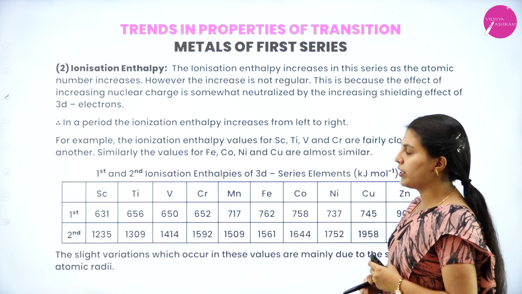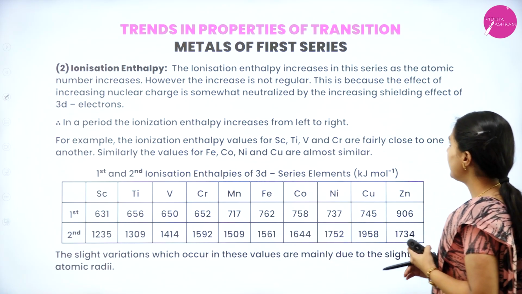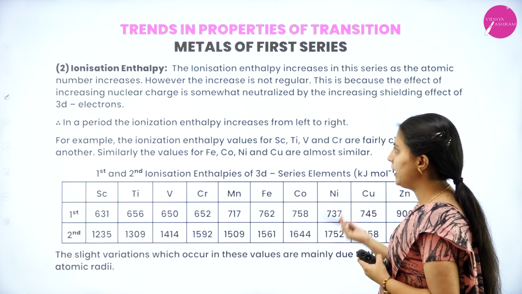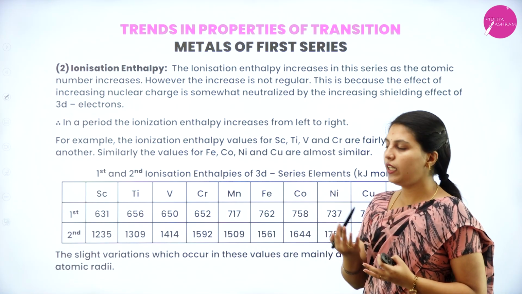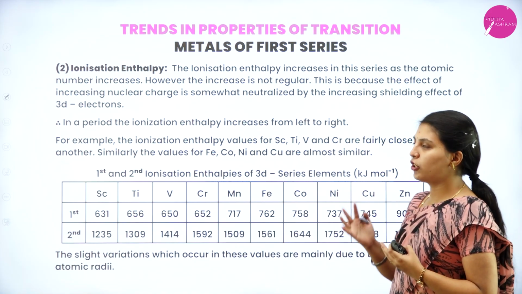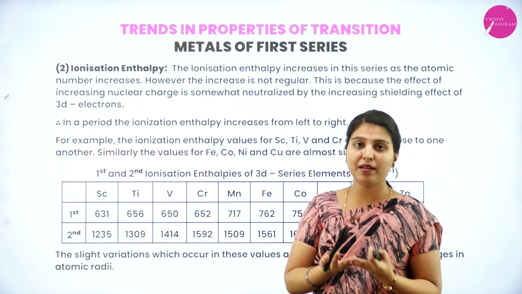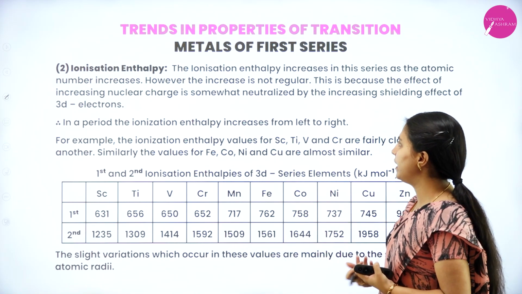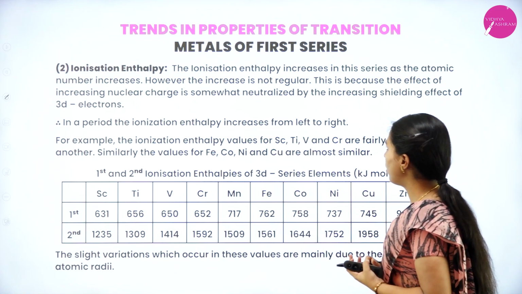Next, ionization enthalpy. The ionization enthalpy increases in this series as the atomic number increases. When atomic number keeps on increasing, ionization enthalpy will also keep on increasing. However, the increase is not regular.